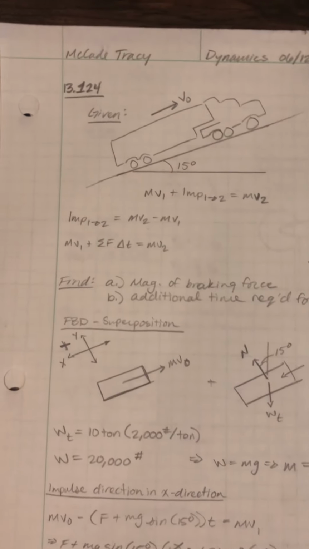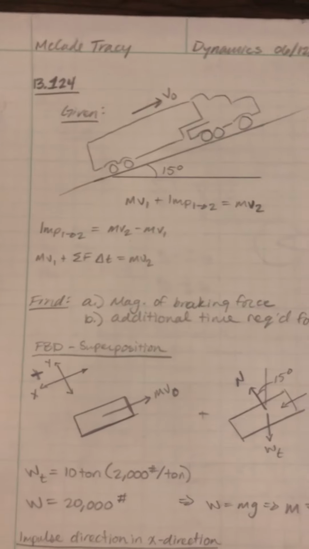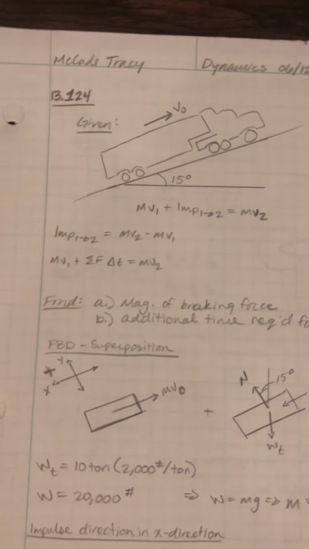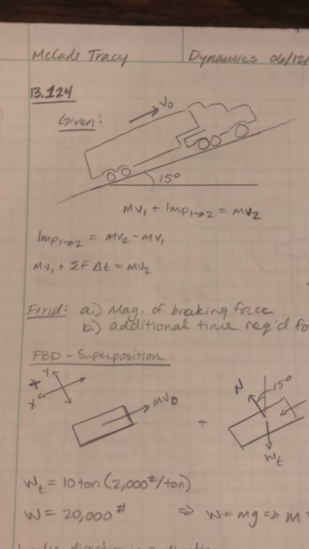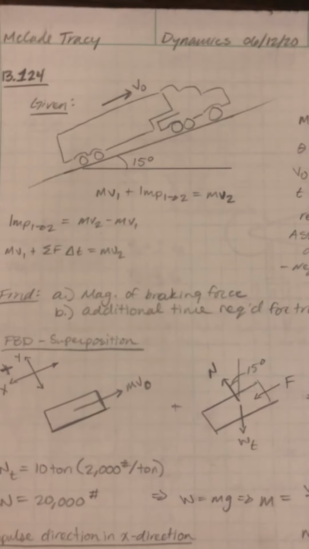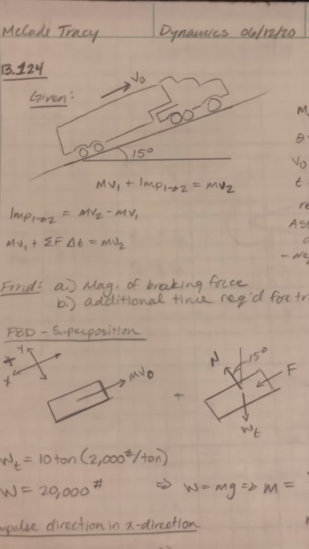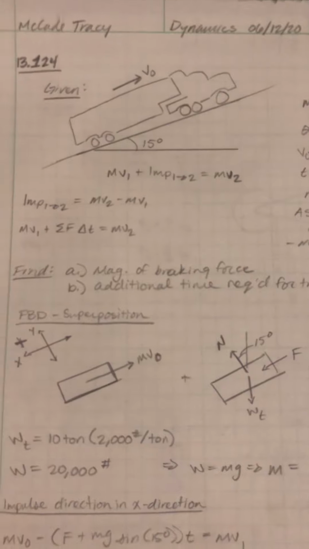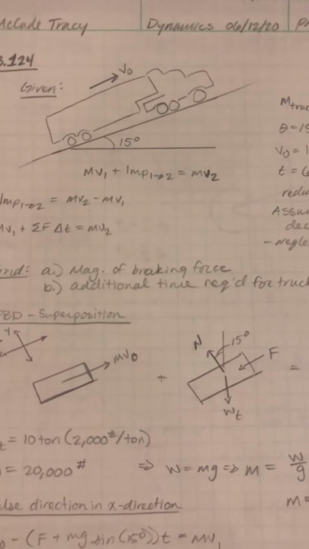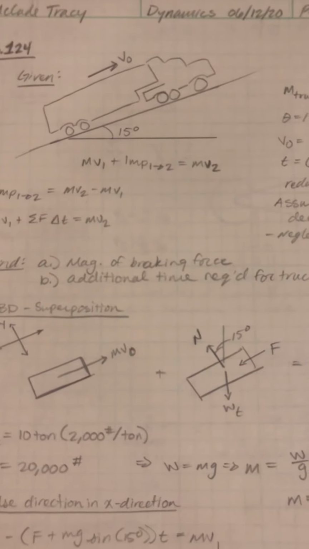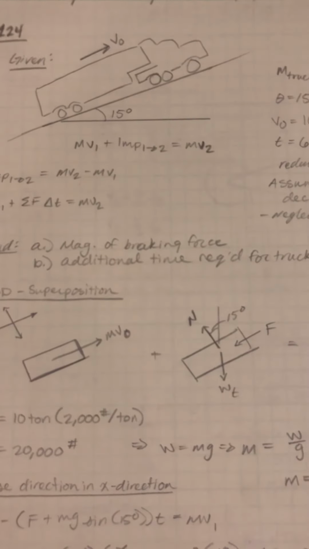So using this equation that we are given from the book, mv1 plus the impulse, IMP, which I believe is the impending momentum, from position 1 to 2, is equal to mv2.